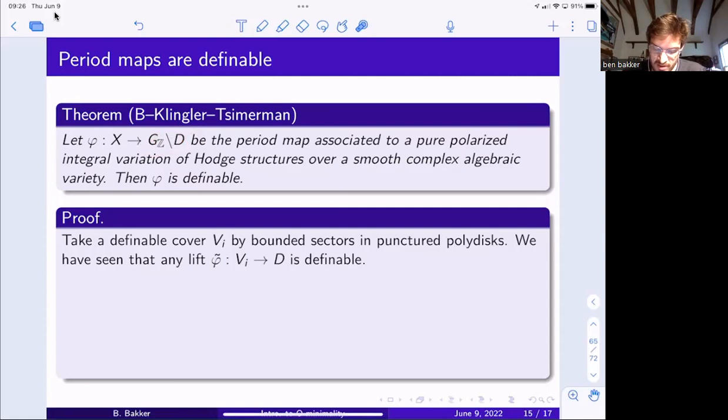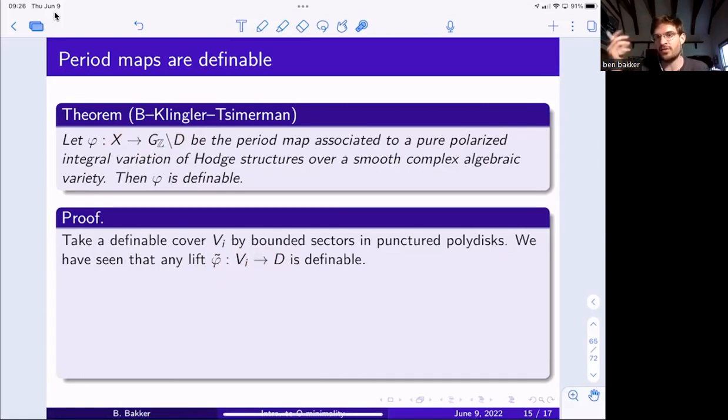And we also know that we can take a definable cover of X, which consists of taking bounded sectors in punctured polydiscs on X. And we have seen, using the nilpotent orbit theorem, that if I take the period map on the universal cover, the restrictions to these sectors are definable.